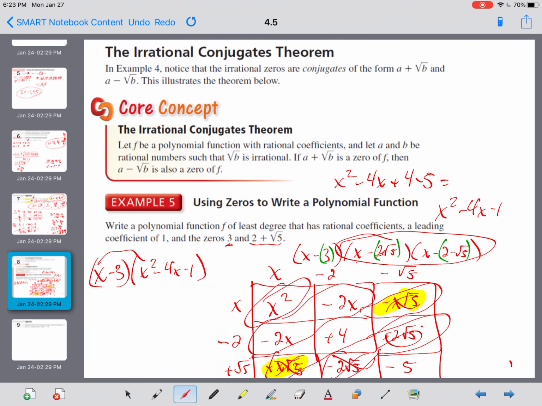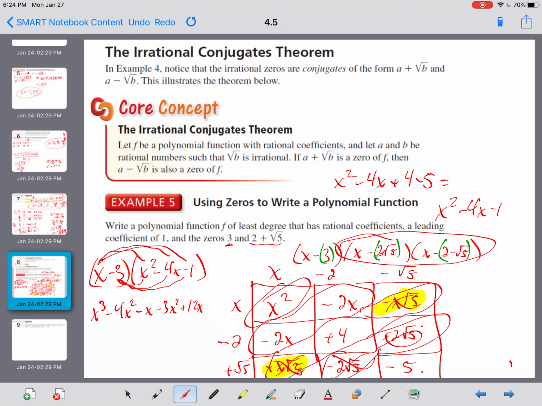But x times x squared, x to the third. I'm not doing the box method this time because I don't need it to be all that clean. X times negative 4x, negative 4x squared. X times 1, negative x. Negative 3 times x squared, negative 3x squared. Negative 3 times negative 4x is positive 12x.